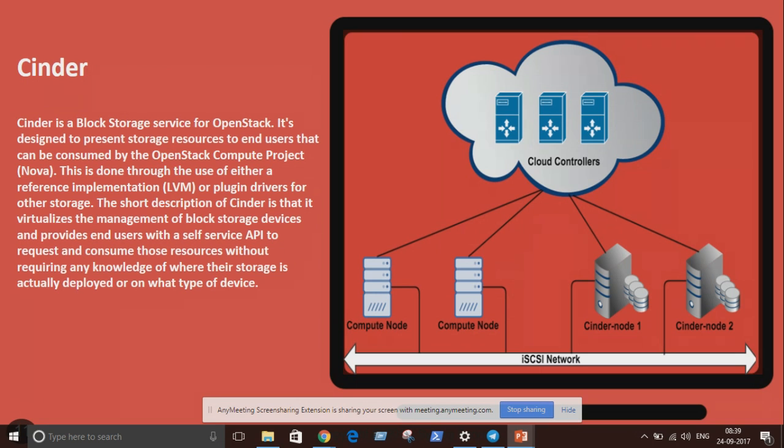Now in Cinder, I provided a little concept. I know it is too early to discuss this, but I had to give an example. When you want to use Cinder, you can do two things. Number one, you can provide a capacity through LVM. You have no direct resource to provide the capacity.